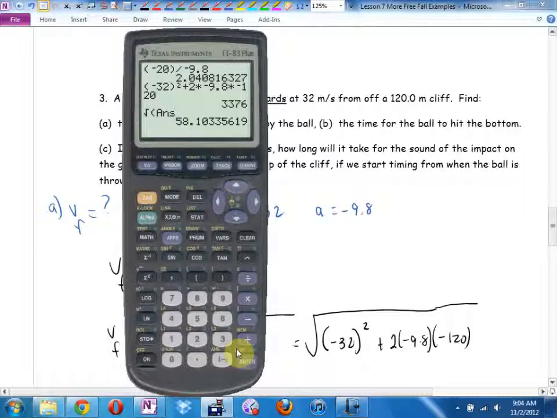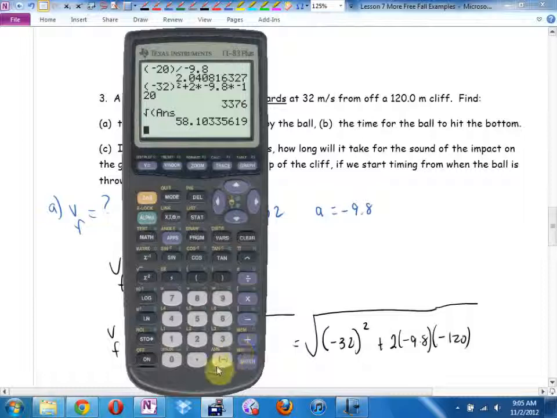AJ, can you read this first term in the square root to me? Say the whole thing. Negative 32 squared. Say it again. When you say negative 32 squared, I know what you mean. I know that you mean take the number negative 32 and square it. Your calculator does not. By the way, when I square a negative, what should I get?